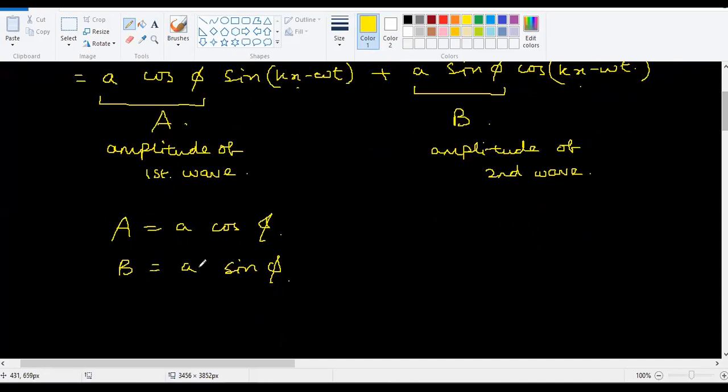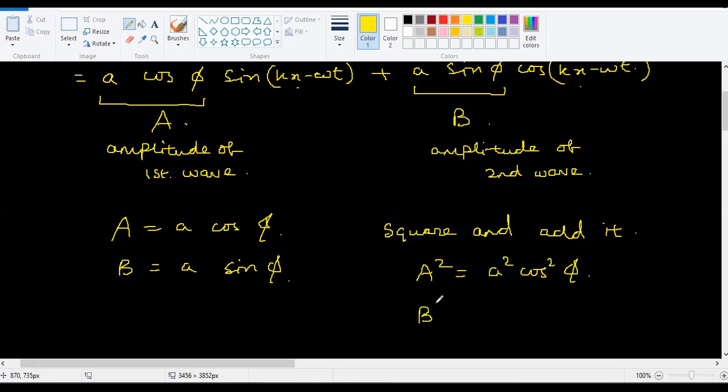Suppose I want to find A, or I want to find phi. To eliminate A, I divide equation 1 by equation 2. If I want to eliminate phi, I can square it and add. Why would I do that? Because A cos phi squared gives A squared cos squared phi, and B squared is A squared sine squared phi.